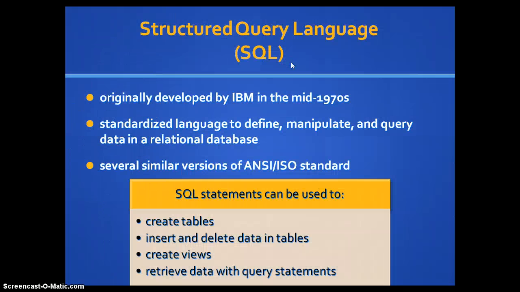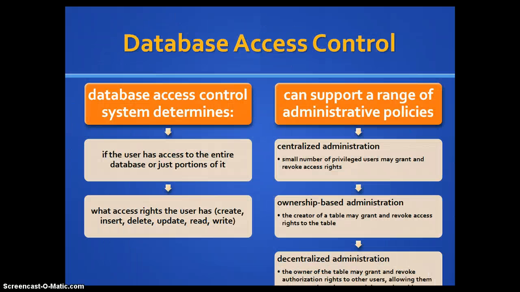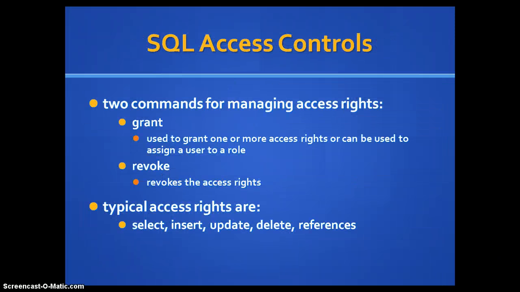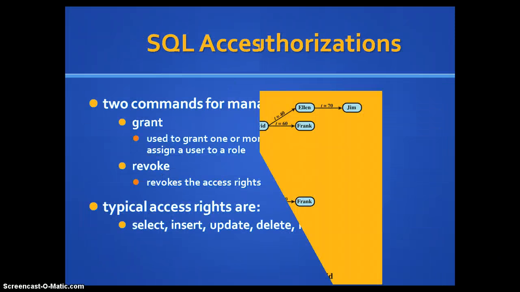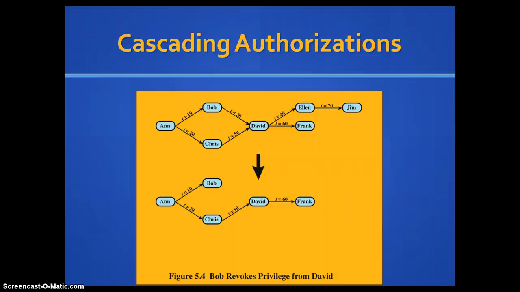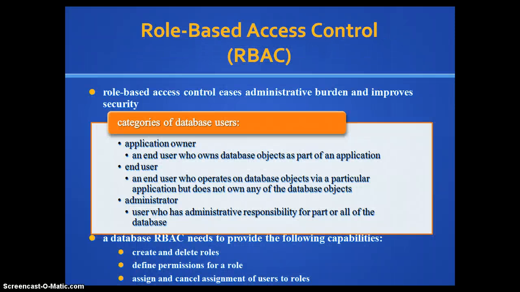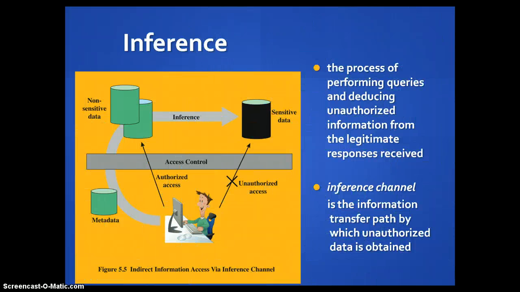If we go with each other through the material here, then we will see database access control. It means that we have different types of access control for the database. As an example, we have SQL access control, and then we have role-based access control, and then we have inference.